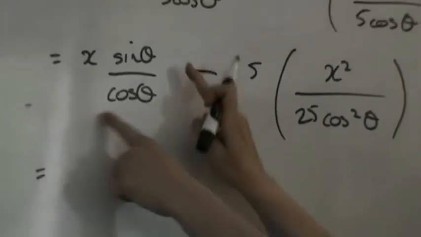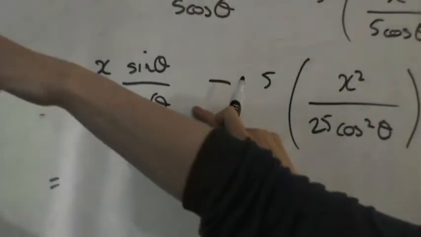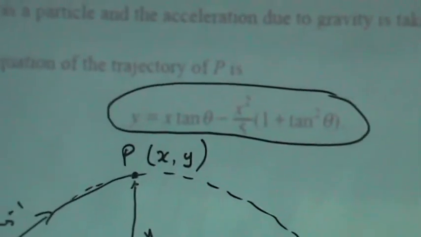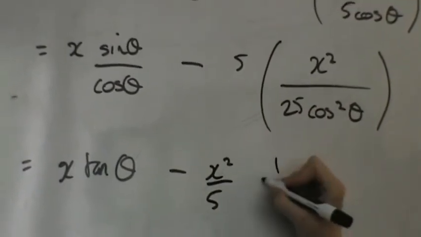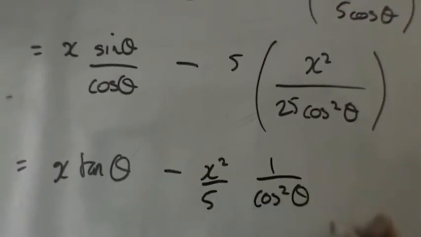Looking at the first bit, this should be a lovely familiar friend, and look where we're aiming for. We want x tan theta. If we multiply this bit out, we end up with x squared over 5 times 1 over cos squared theta.